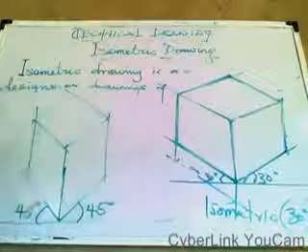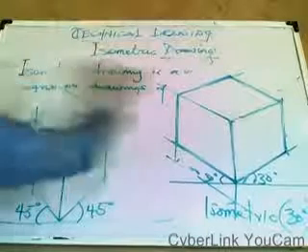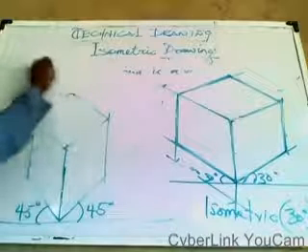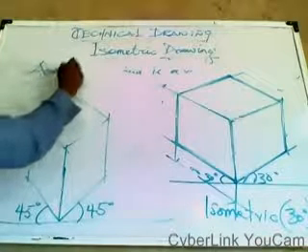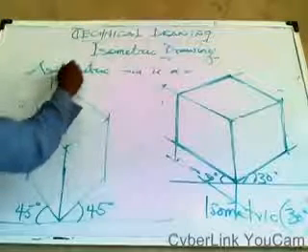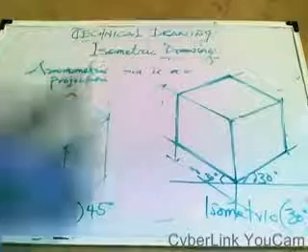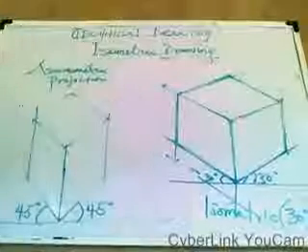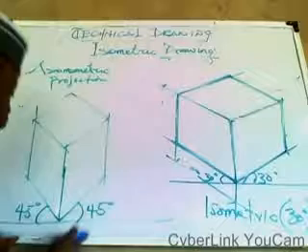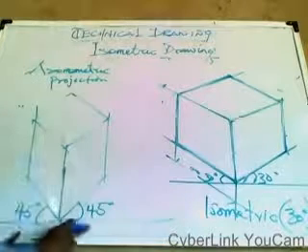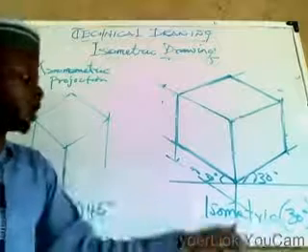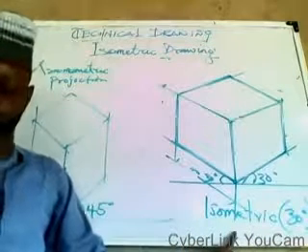So the main difference between isometric drawing and isometric projection is the angle you are using. Angle 45 degrees is used for isometric projection, whereas angle 30 degrees is used for isometric drawing.